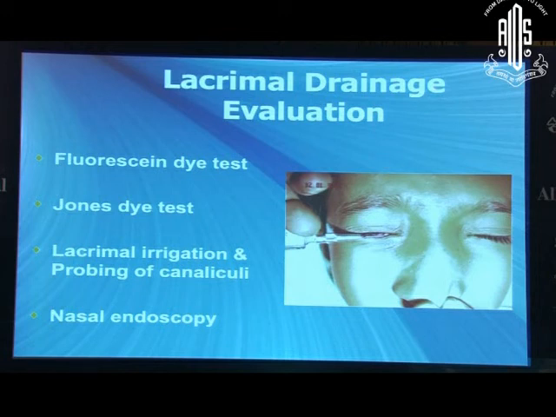Now, the tests that are clinically used most often include the fluorescein dye test, which is the dye disappearance test, the Jones dye test, the most important one, lacrimal irrigation and diagnostic probing and examination of the nose.